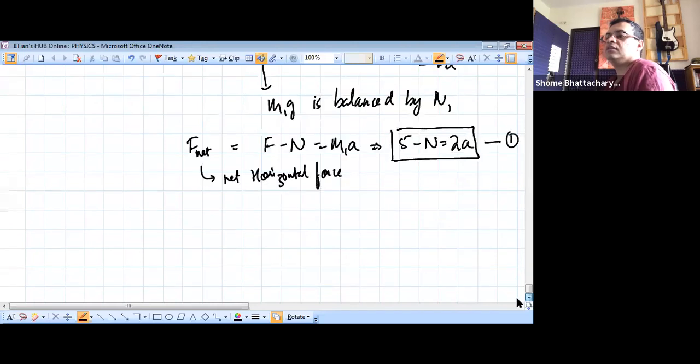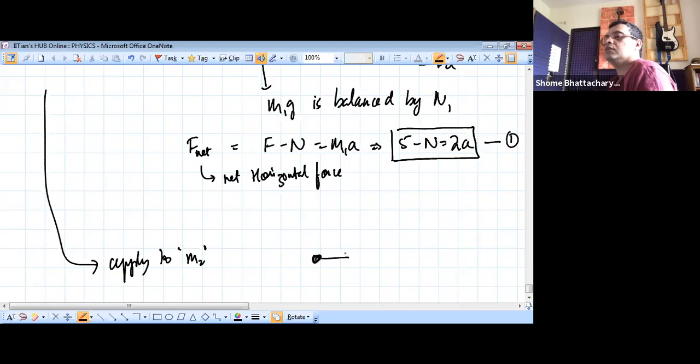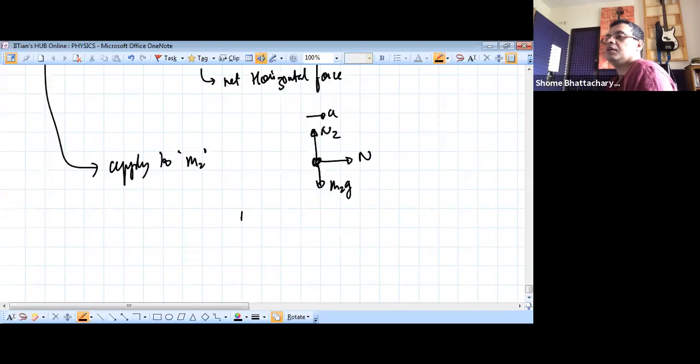And now secondly, apply Newton's second law to the block M2. Now on the block M2, you can see that there is N acting like this. Normal reaction that the ground is applying like this. Its weight is like this. And again, it is accelerating like this. So again, N2 balances the weight.